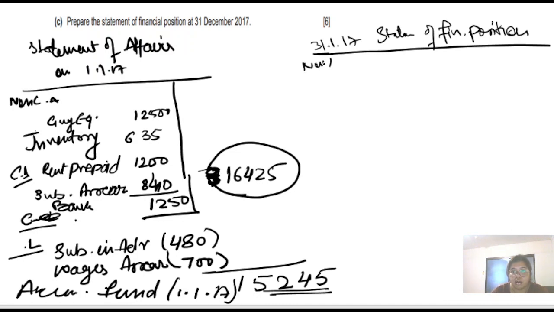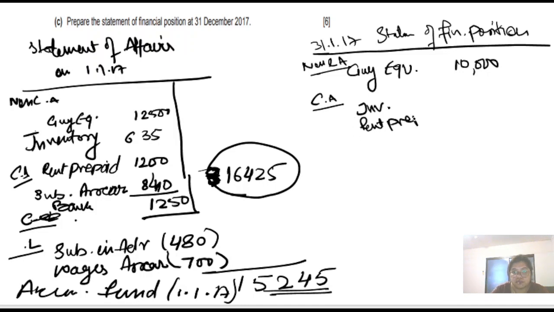In your non-current assets you have gym equipment, which is 10,000. Then you write all the current assets: inventory, rent prepaid, subscription in arrear.